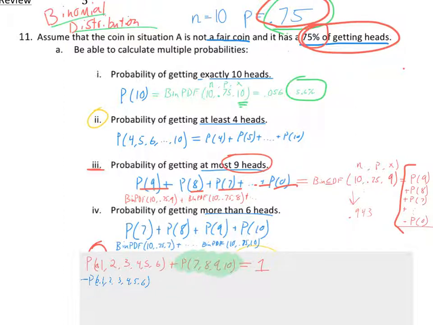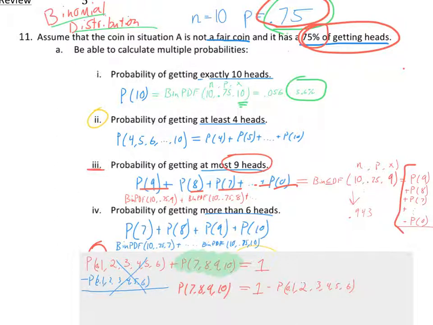But if I take that away from the left-hand side, it's going to cancel out, and on the right-hand side, I'm going to have 1 minus the probability of 0, 1, 2, 3, 4, 5, and 6. On the left-hand side, I'm left with what I highlighted in green, which is exactly what I'm looking for, the probability of 7, 8, 9, and 10.